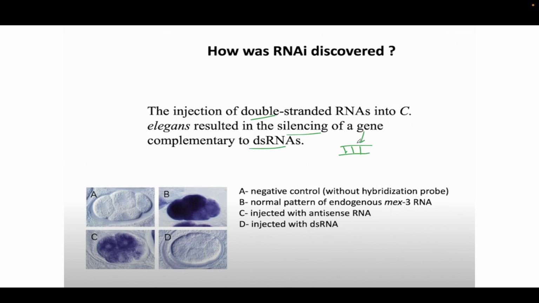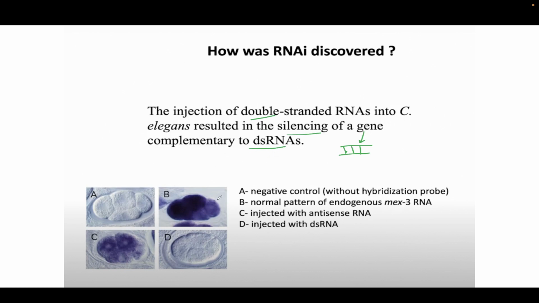Fine. Then your Dicer comes into the picture where it will recognize it, then the RISC factor will be there which will use this particular strand, and an RNase enzyme will cleave the double-stranded base pairing between your target gene and complementary RNA. Fine.